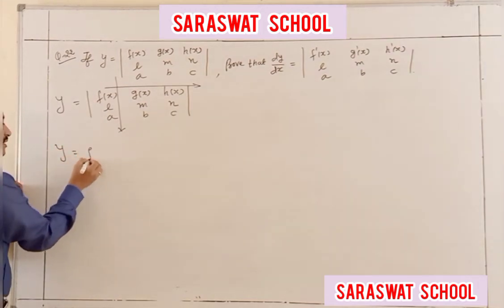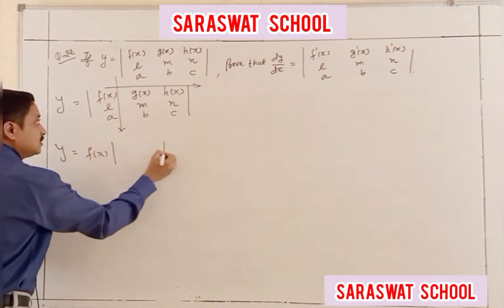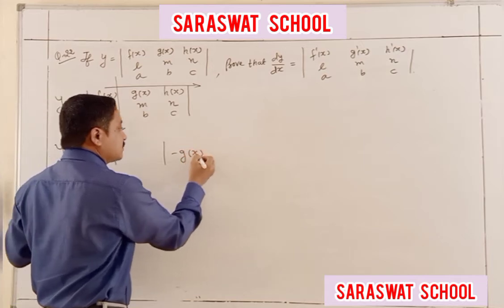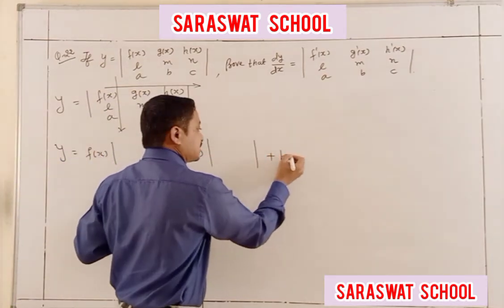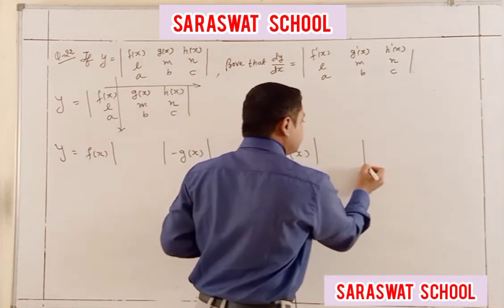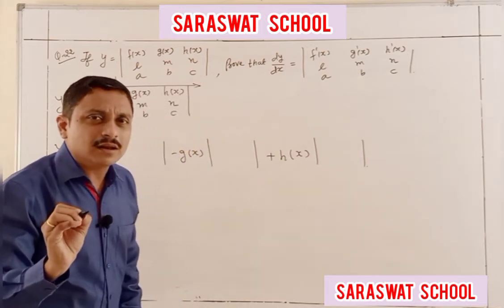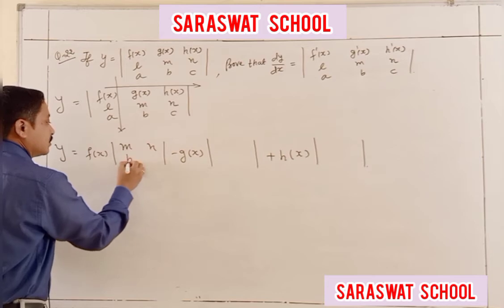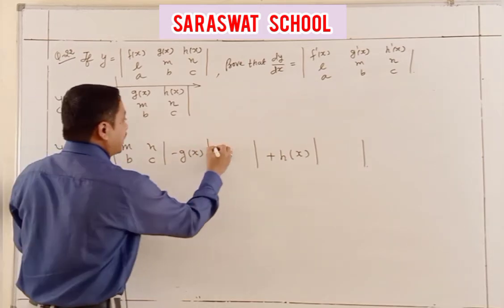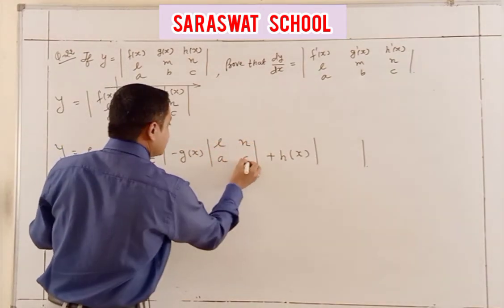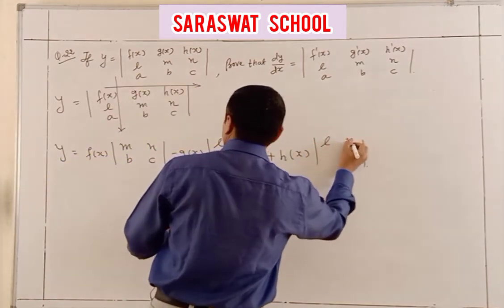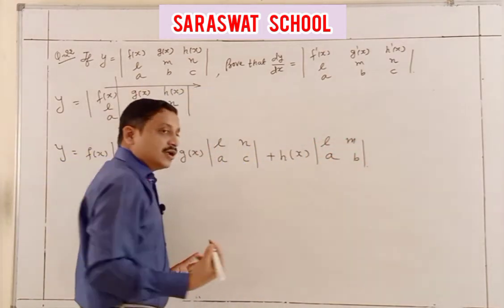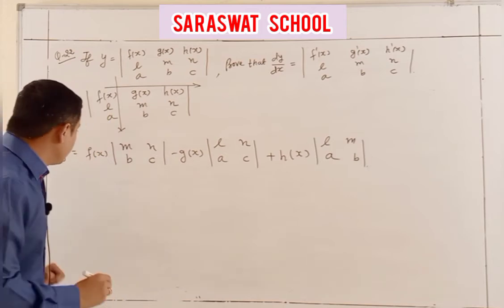So what is the expansion? f(x) minus g(x) and last h(x). That's our simple definition rule. Here M and BC. Second, L and AC. And last, LM but AB. Now go to expansion.